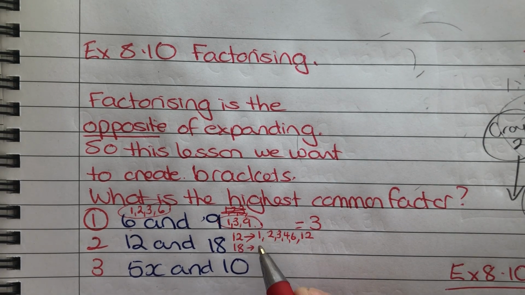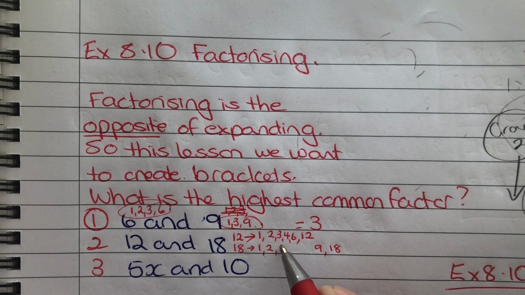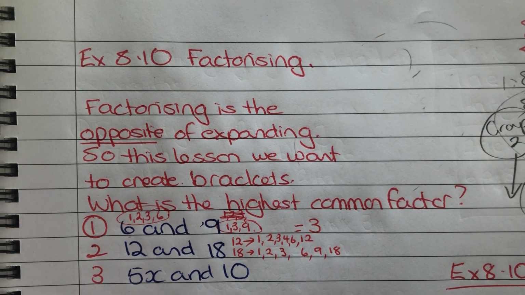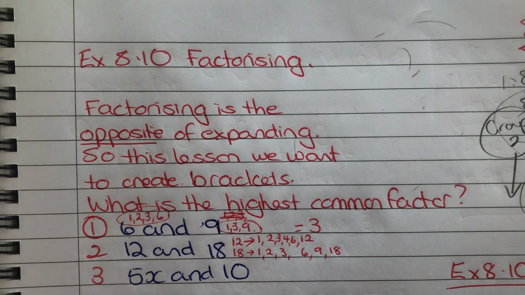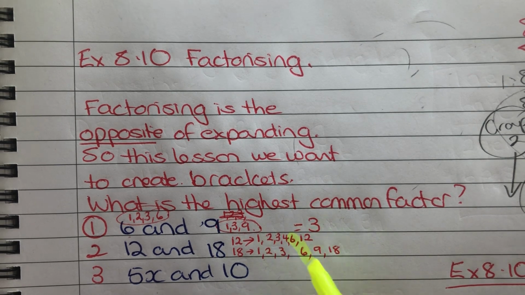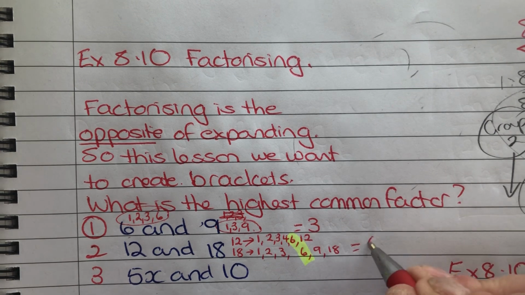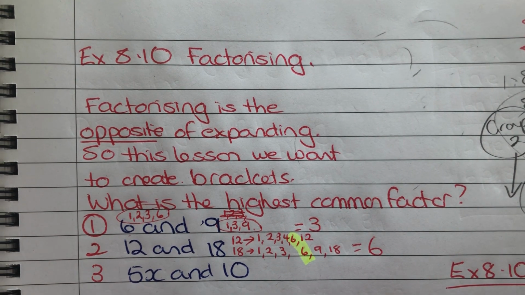Now in 18 we have 1 and 18, and we have 2 and 9. 3 also goes into 18, 6 times. 4 doesn't and 5 doesn't. And now we're up to 6. So if we have a look at those lists, where's the number that's the highest? So come down from here, 18, no, 9, no. Oh, look, there, 6. Okay, now you do not have to write that list out. I've just done that for you so you can recall what that is.